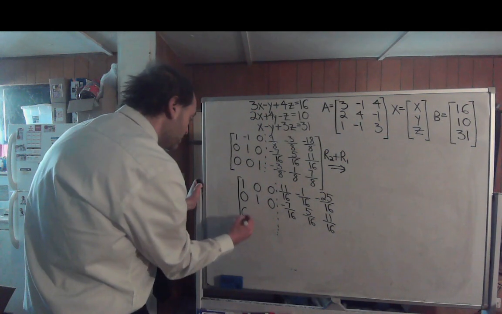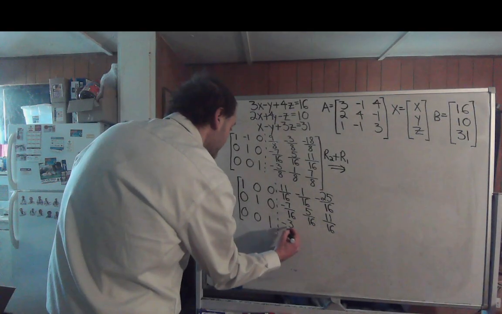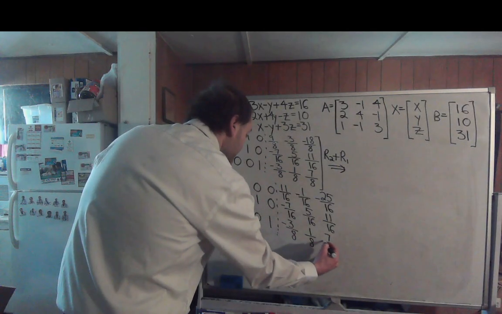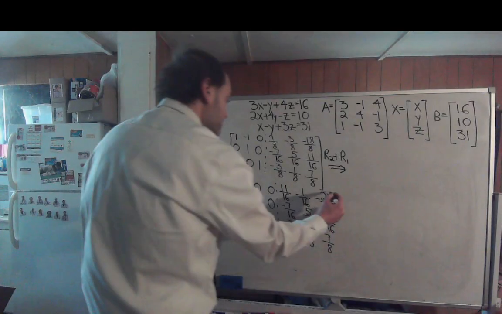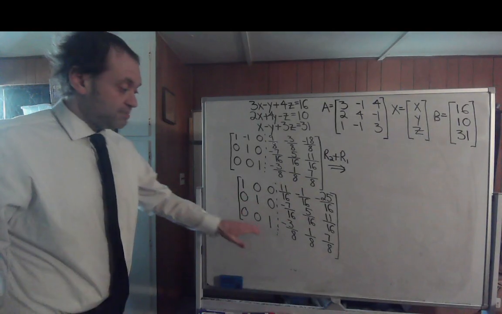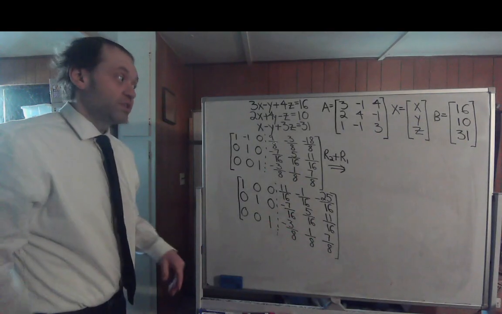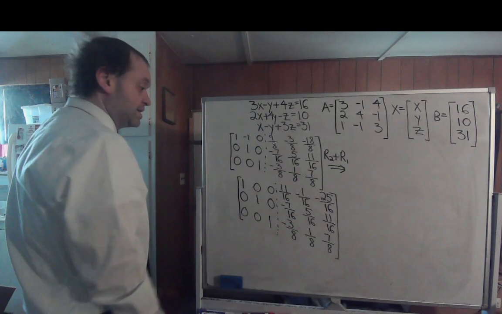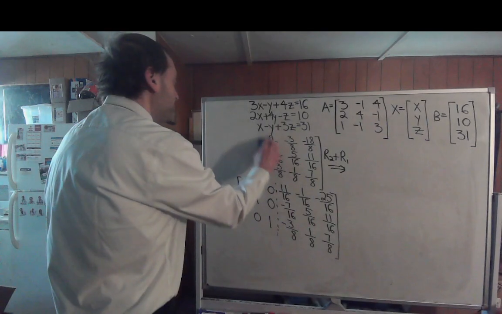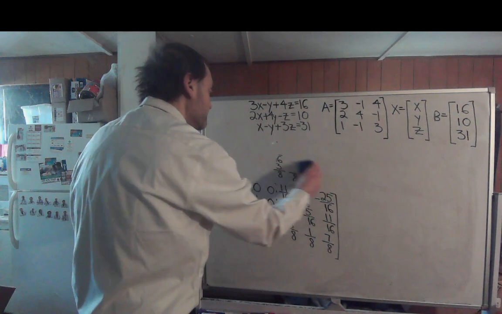Then the final row, 0, 0, 1, negative 3/8, 1/8, and then 7/8. Yowzer. So now you have the identity matrix on the left of the augmented line, which means everything to the right is actually your inverse matrix. So congrats, we just found our inverse matrix. But we're still not done yet. We need to use it to solve this system.